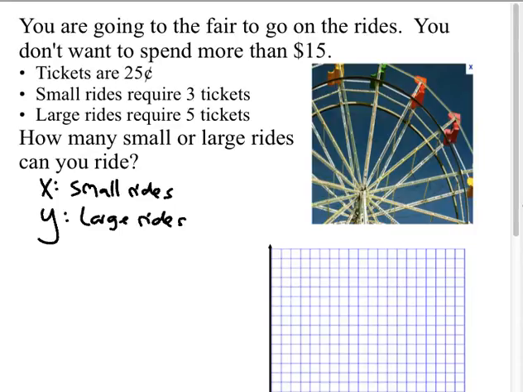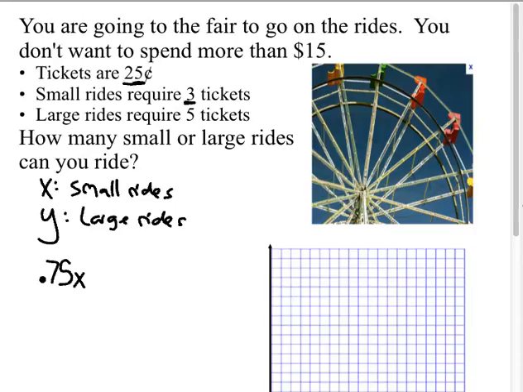So if I'm talking about cost, how much does it cost to go on a small ride? Well, small rides are 3 tickets, each 25 cents, okay? So the cost of a small ride is going to be 75 cents.